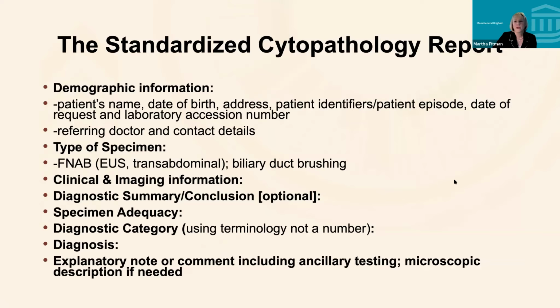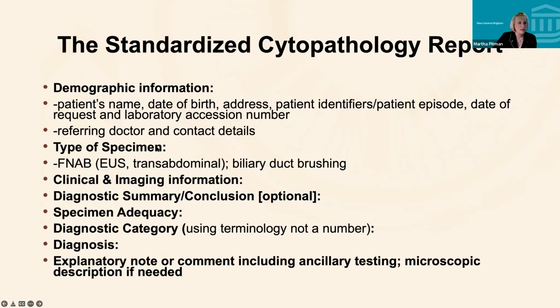And we also need to make sure that we communicate what we know and what we see to our clinical colleagues in a very standardized report that includes all the information that our colleagues need to know. Generally, all of our pathology reports come with generic demographic information of the patient name and identifiers, who the referring doctor is.